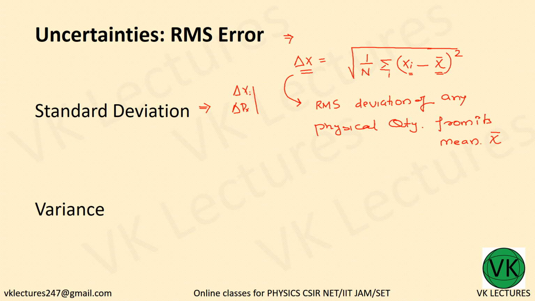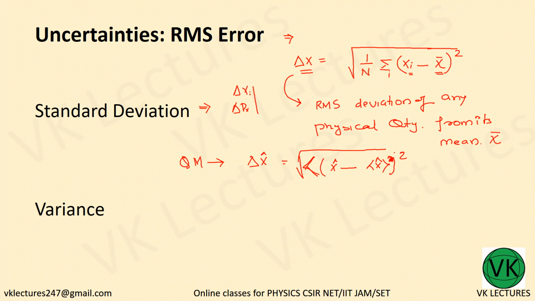In quantum mechanics we write it like this: delta x, where x is the operator. It is equal to the square root of the average value of x minus its expectation, whole square.